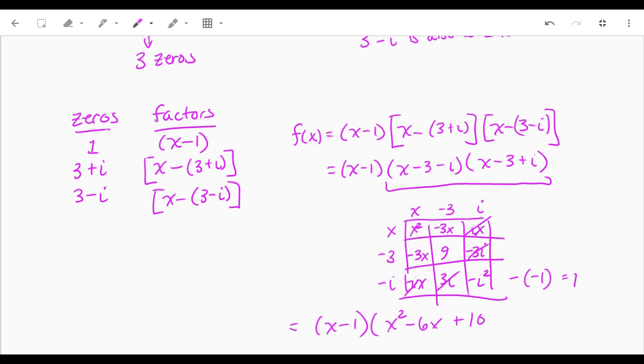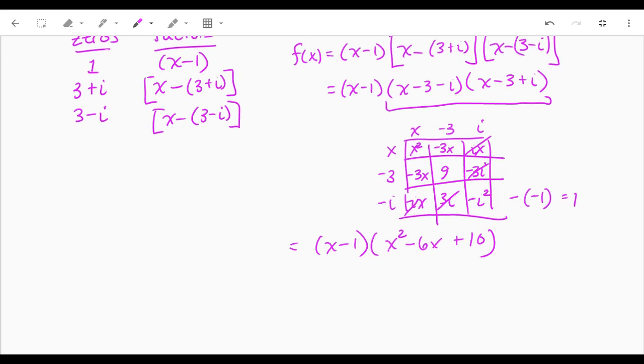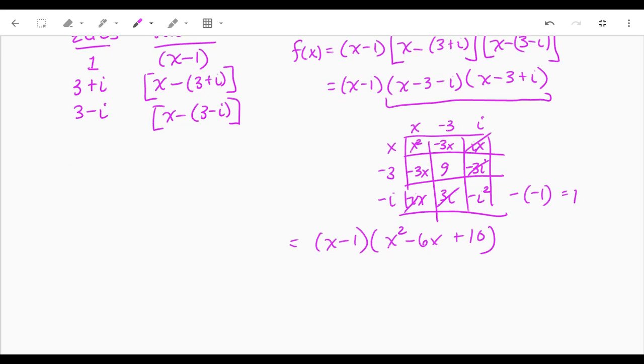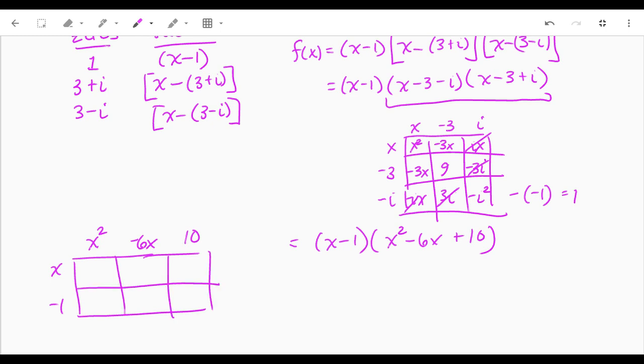And now what I'm going to do is multiply those two together. So another area model. We're going to have x minus 1, and then x squared minus 6x plus 10. So x cubed, negative x squared, negative 6x squared, 6x, 10x, and negative 10.